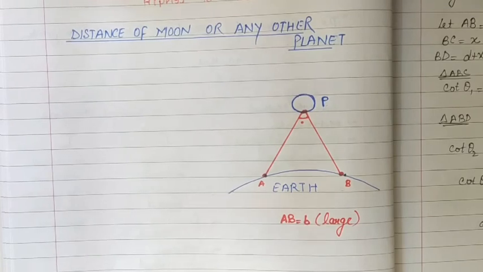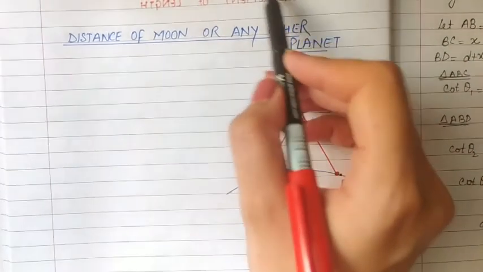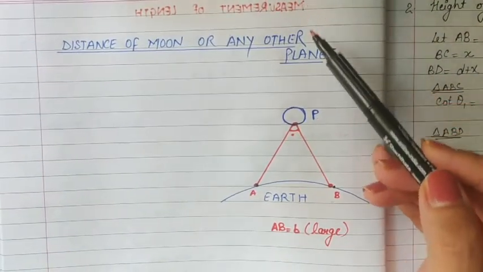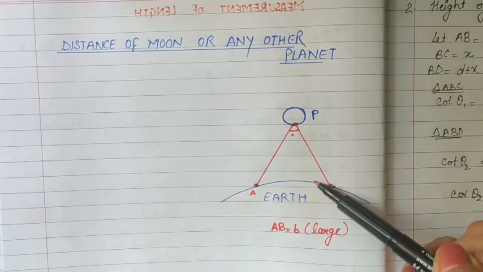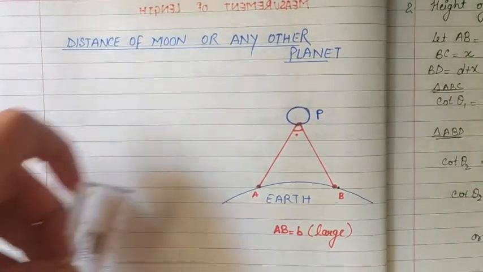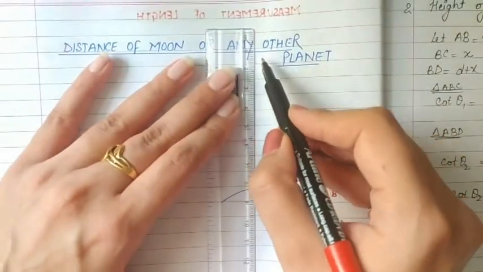So suppose I have a star S dash somewhere here at a very far distance from Earth as well as from the planet P. Then the rays coming from it will be like this.